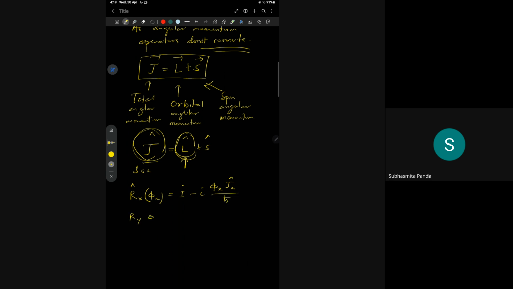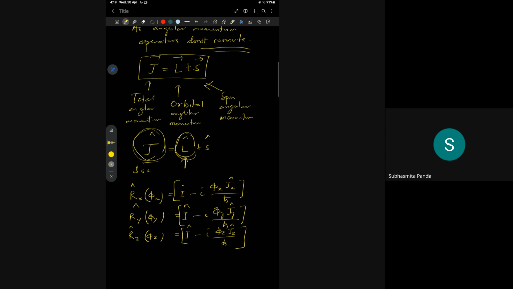Similarly, Ry of phi y will be equal to identity minus i phi y Jy by h cross. Rz of phi z will be equal to identity minus i phi z Jz by h cross. Okay.